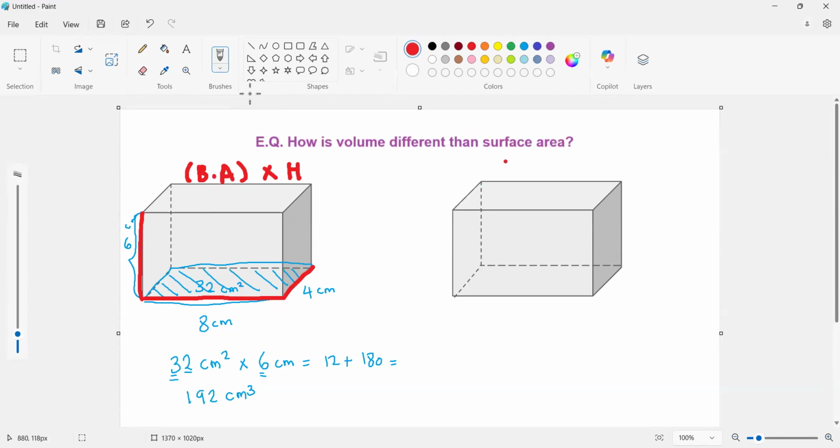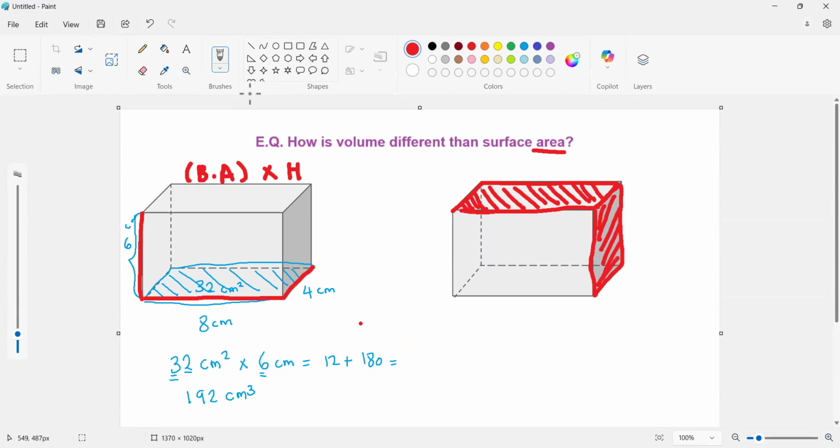Now, when we're talking about surface area, hint, we're talking about the area of each surface of this object. For example, we're talking about the area of the top. If we were to color this top in red, how much area is that? And if we were to cover the right side of this 3D object, how much area is this?